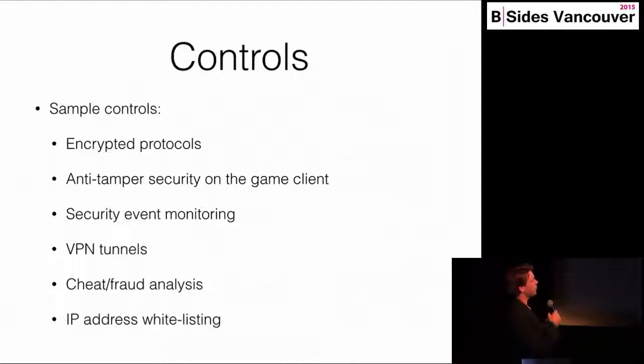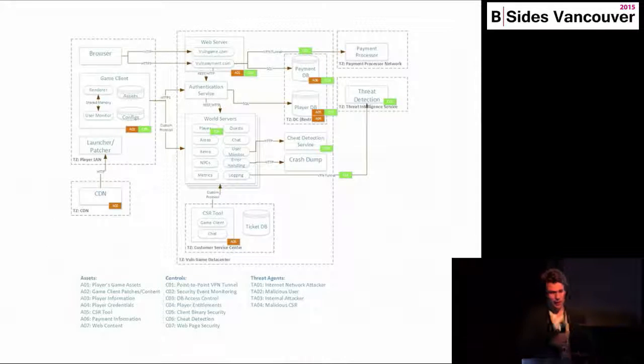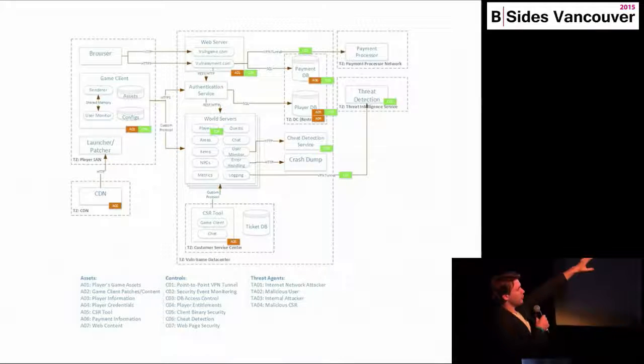So, of course, the controls, again, are the things that need to protect the assets. Their sole purpose in life is to protect a given asset. And so, again, these are just some of the controls within our simplified system that, without making the diagram too hard to interpret quickly, we like to pair right up with the asset that they're protecting.